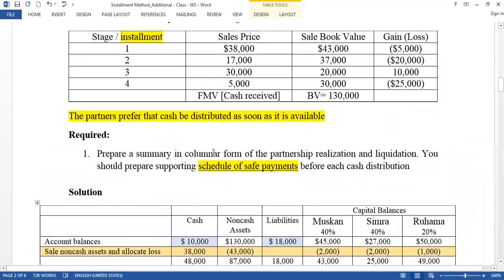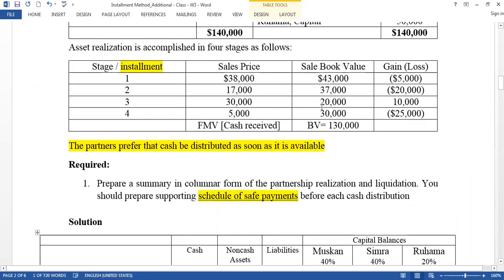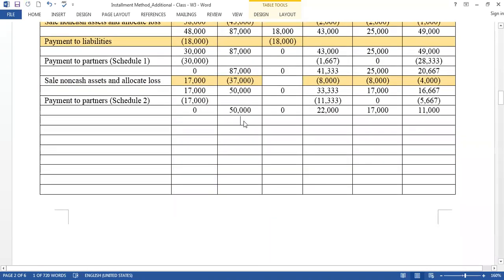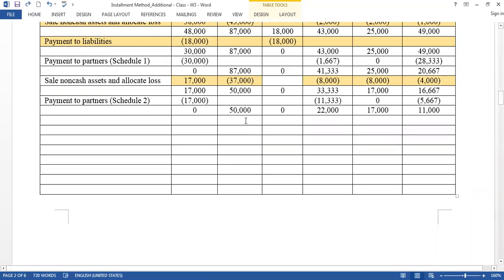So we still have some assets to sell, right? Now the question said that we sell $20,000 of our remaining assets and we receive $30,000. So good news or bad news? Good news. So $10,000 is the good news. $10,000 is going to be given to you, right? So your capital is going to increase.